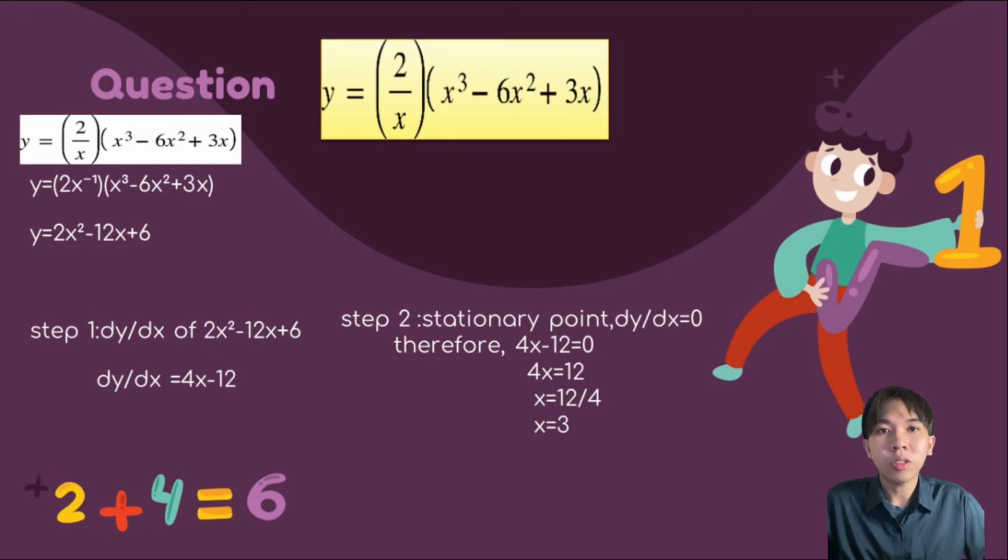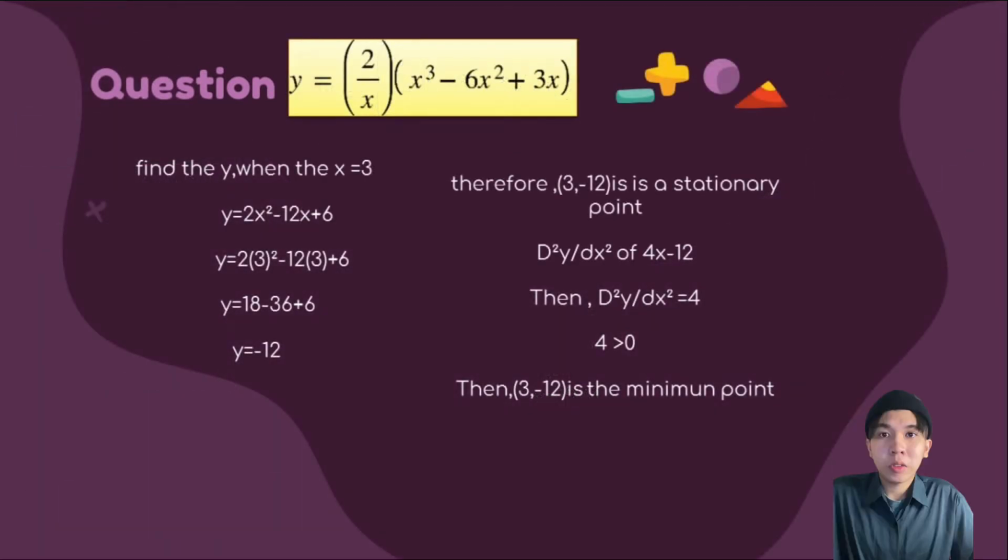Then step 2 is to find the stationary point. dy over dx equals 0. Therefore, 4x minus 12 equals 0, 4x equals 12, x equals 12 over 4. So x equals 3. Then we find y.